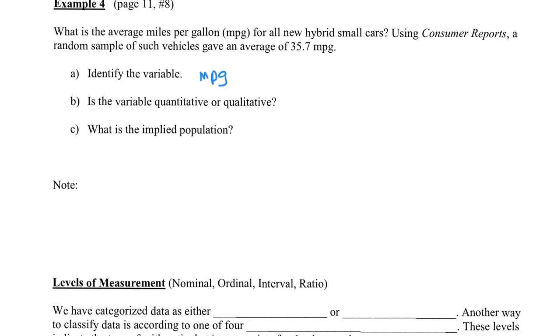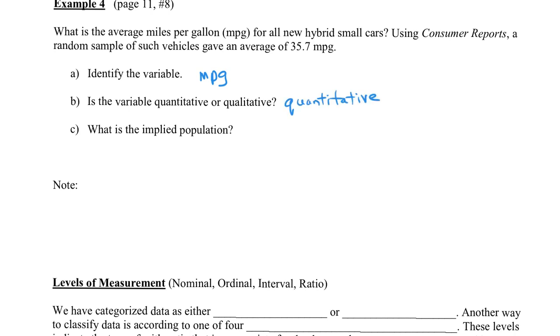Next question, is the variable quantitative or qualitative? Quantitative sometimes is called numerical. Qualitative is sometimes called categorical. But in this case, it's definitely going to be quantitative because we could definitely talk about averages, right? We've got an average right here. So this is going to be a quantitative variable.